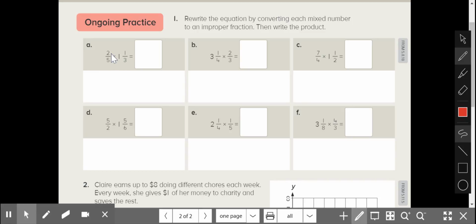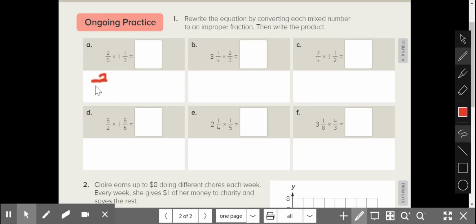We're going to be multiplying 2/5 times 1 1/3. When we multiply fractions, probably the best thing to do is to make sure that they're both in improper fractions. So I say common fractions or improper fractions. An improper fraction is just a number that should be represented by a mixed number, but will help us out tremendously if we multiply it as an improper fraction.